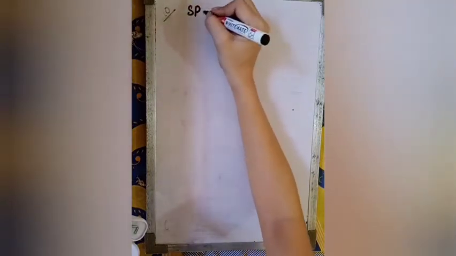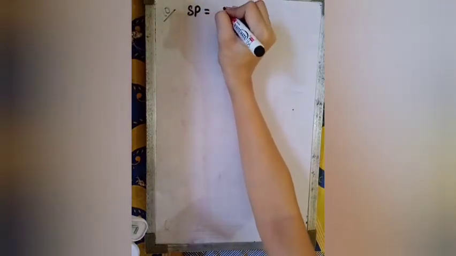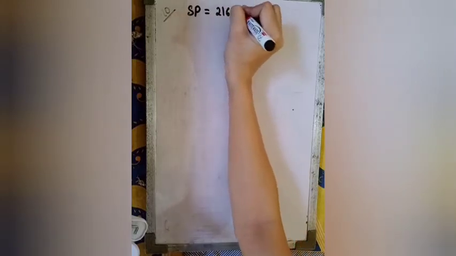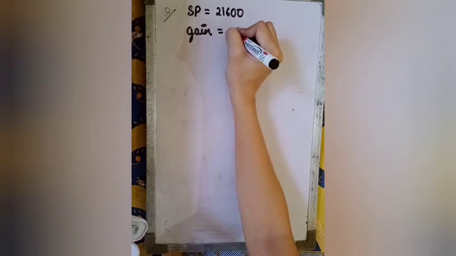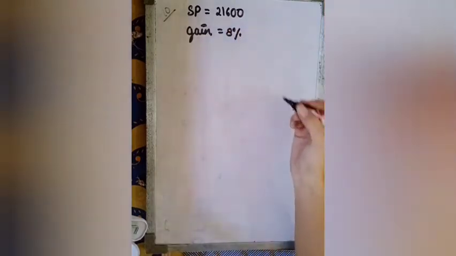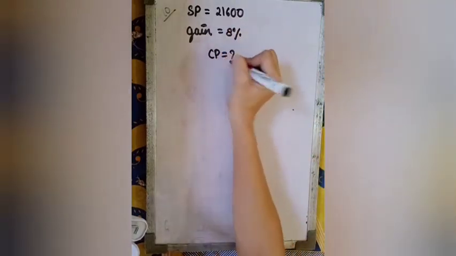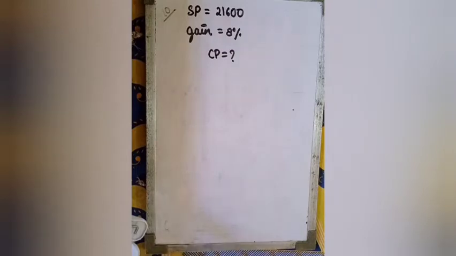SP is given, 21600, and the gain percent is also given, 8%. We have to find the CP, the cost price, for how much he purchased it.